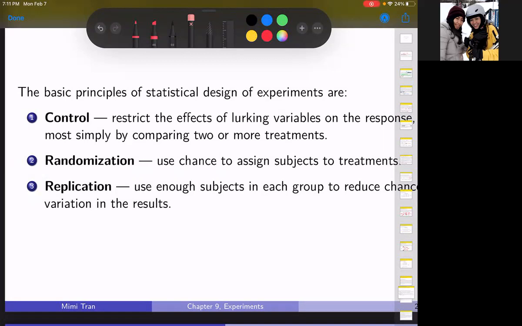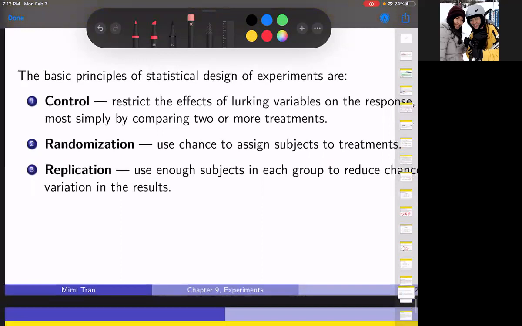Randomization reduces what? Why do we randomize? The reason I don't let you choose the class, but I randomly assign you, is because of what? Bias, right? And then replication, you do the same experiment over and over again to see if you have the same result. This applies to any research study.